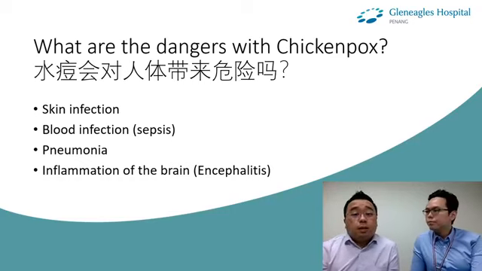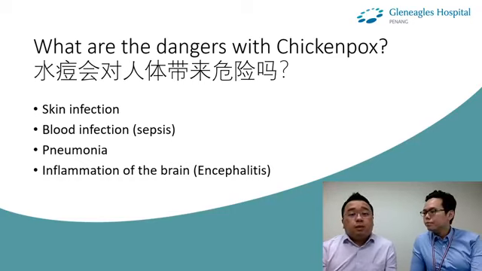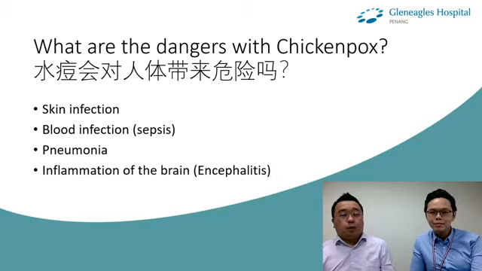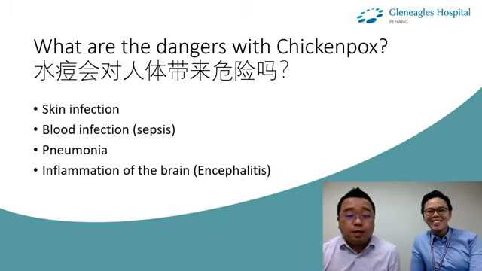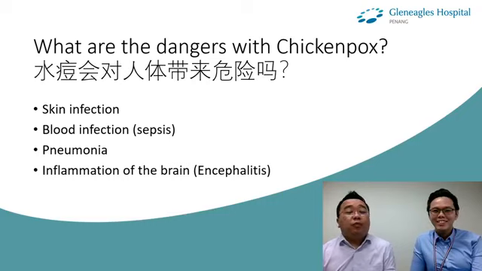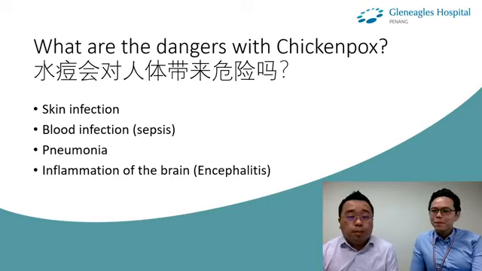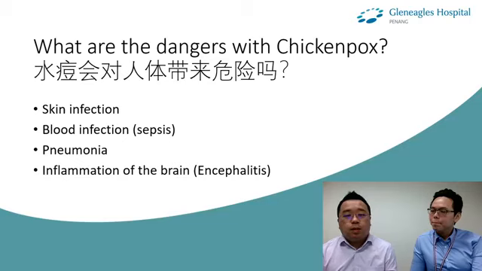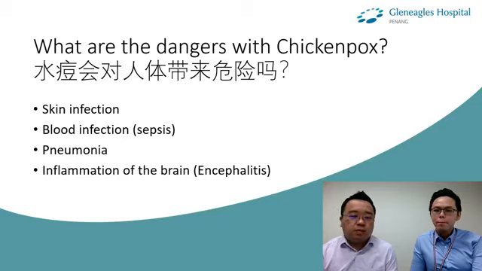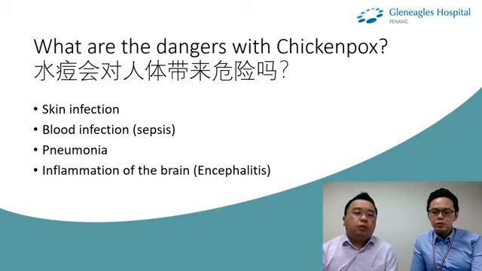What are the dangers with chickenpox? I think I had it when I was young. I had it, you had it too. So we both survived. Probably 80% or 90% of cases are very mild, and we both recovered from it. But the dangers are when the virus becomes too aggressive. Number one is the skin. Those blisters may turn into a full-blown infection, so you end up with a severe skin infection. Number two, as the virus becomes more aggressive for unknown reasons, it can go into your bloodstream.